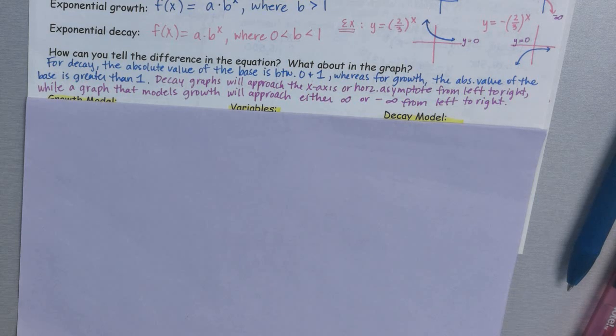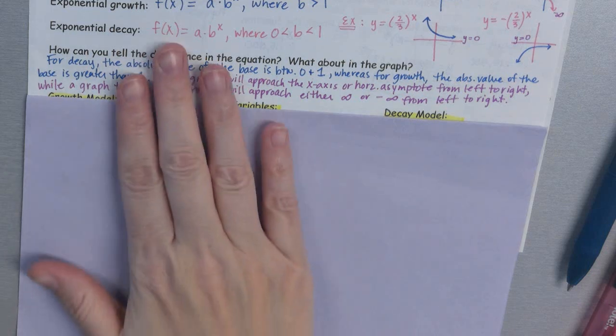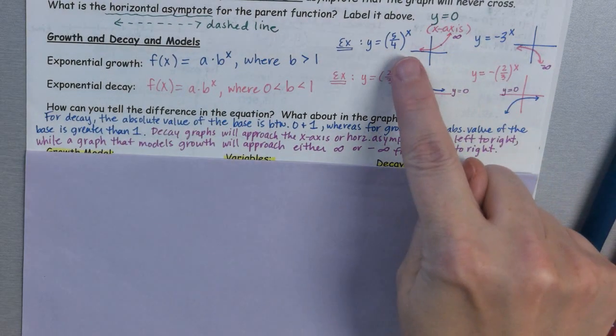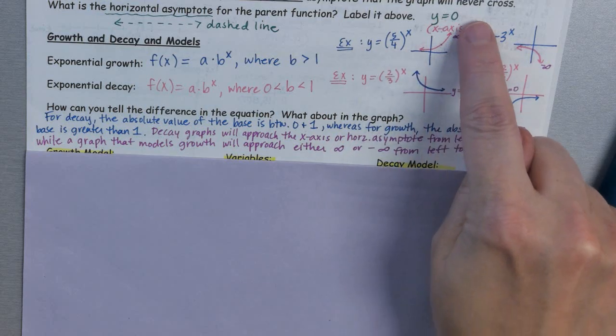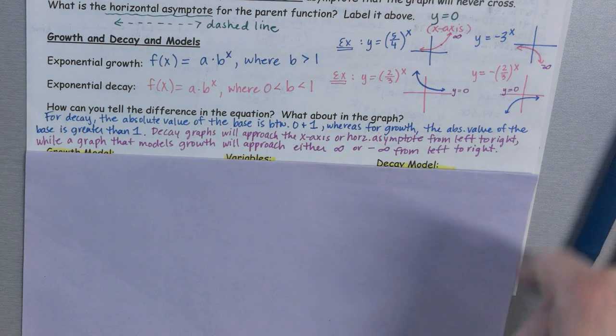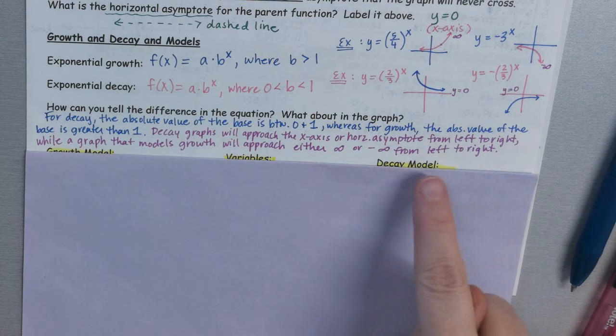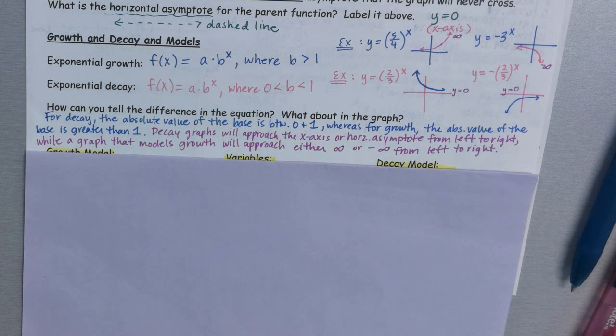Now, if you have a graph that models growth, that is going to approach either infinity or negative infinity from left to right. When I say from left to right, I mean you have to look at the graph starting at the left and then seeing where it's going on the right side. So this is approaching infinity, this is approaching negative infinity, so that's going to be growth.